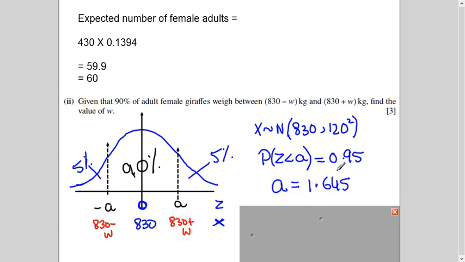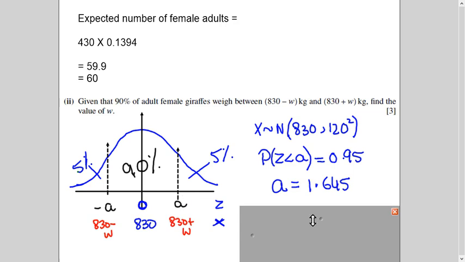Now, Z value, when you read the table against 0.95, I have told you how to read the table. So you can read the Z value is coming 1.645. So it means the Z value here is 1.645. Here it will be minus 1.645. We don't need to use both sides because W is same. So I will use only this side.